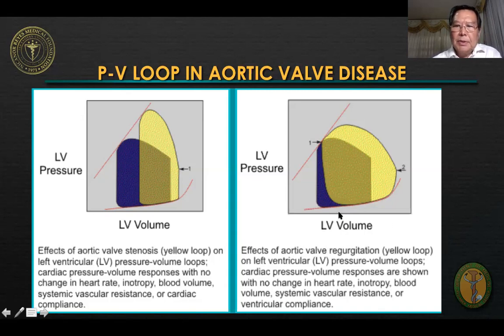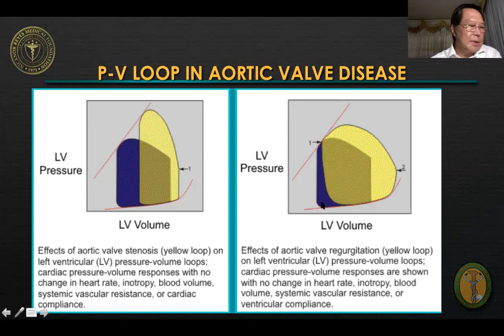What about in patients with AR or aortic regurgitation? What is the problem in patients with AR, right? So in AR, this is characterized by an increase in preload. Why? Because inside the left ventricle, you have blood returning to it, both from the left atrium and the regurgitant volume from the aorta because of your incompetent aortic valve.